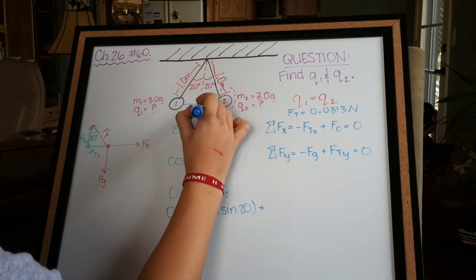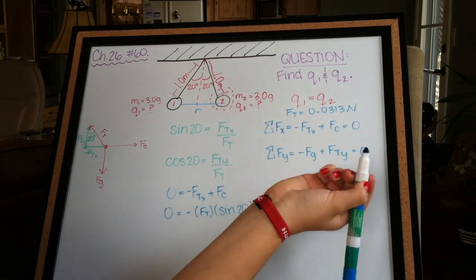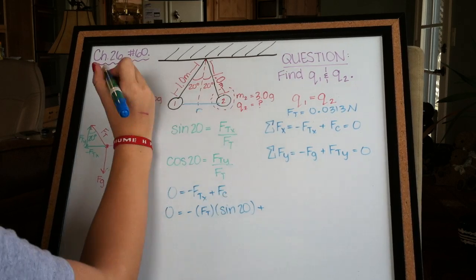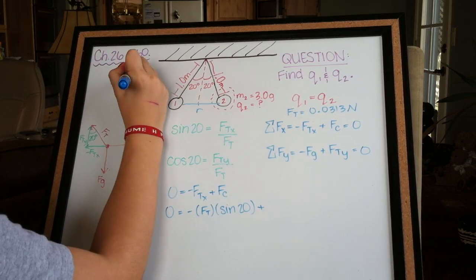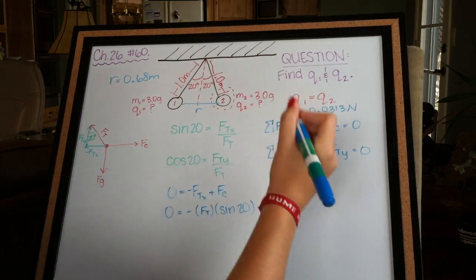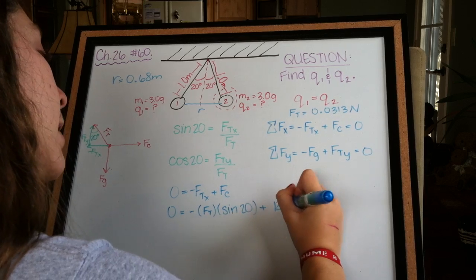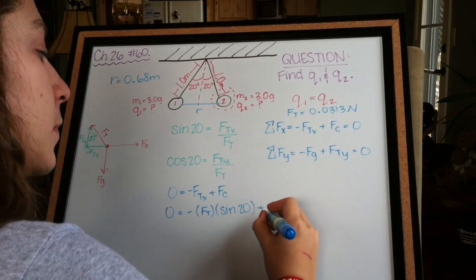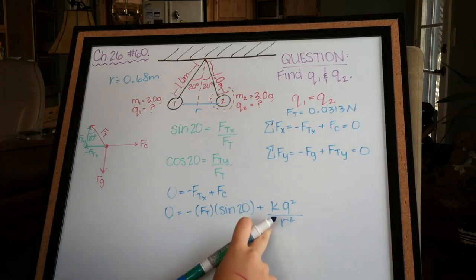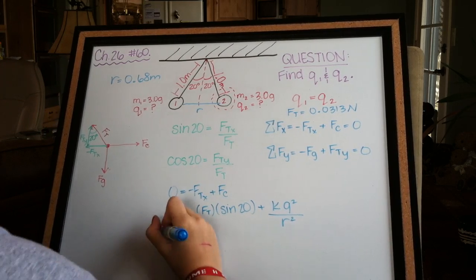So this radius right here, using, again, basic trig, using the angles that we know, we find that r is equal to 0.68 meters. So k times q squared over r squared is what we plug in for force Coulomb.